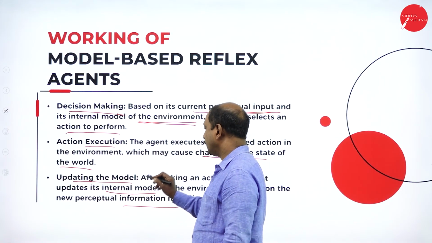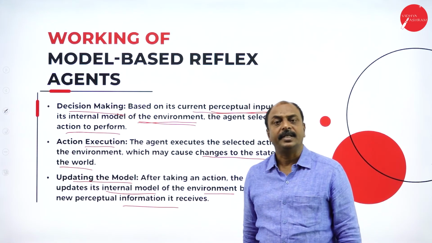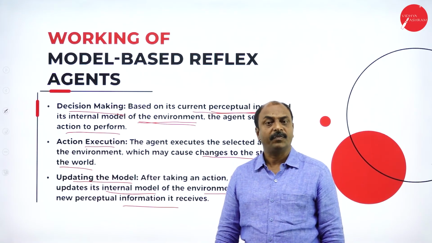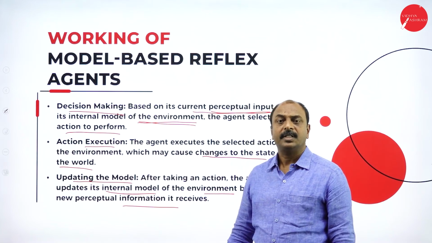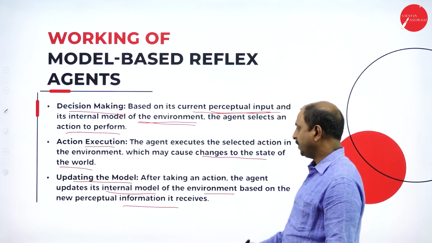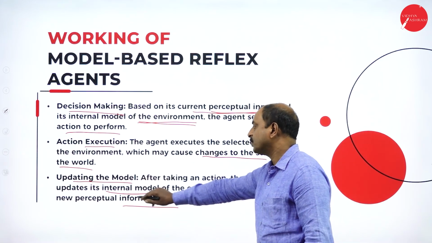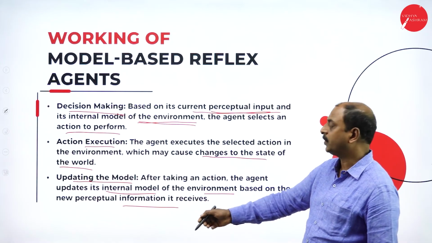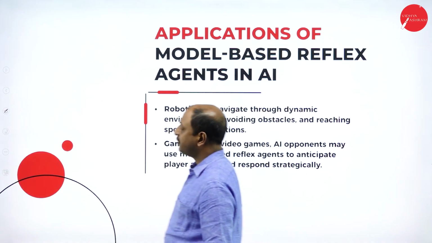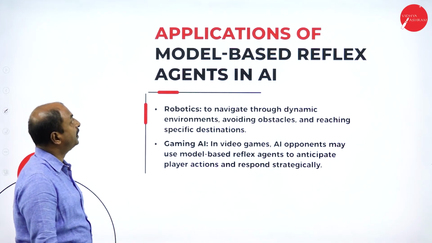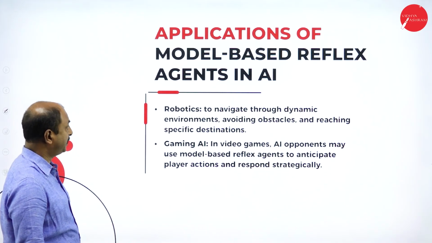So it is going to update each and every time the different models it worked with or the action that has been taken. It is going to store different types of models, or in other words, update these models based on certain actions. Next, we will see the different applications of model-based reflex agents.